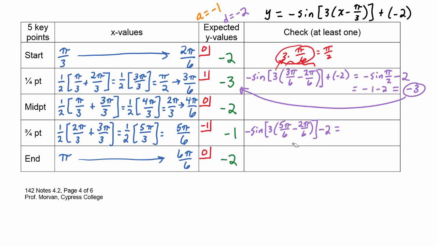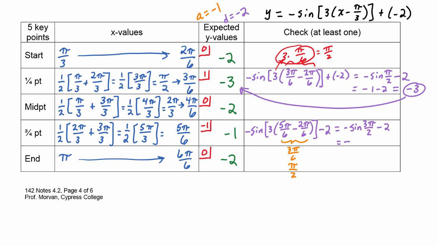Now looking at these two fractions, 5 pi over 6 minus 2 pi over 6 is going to be 3 pi over 6, which of course is pi over 2, and we have to multiply that times 3, so this is going to become negative sine of 3 pi over 2 minus 2.